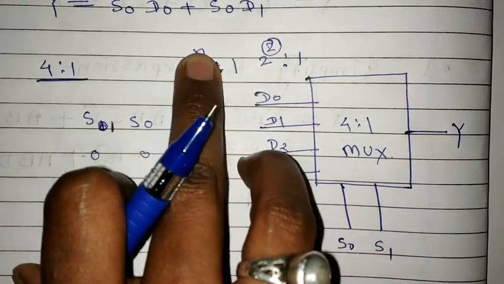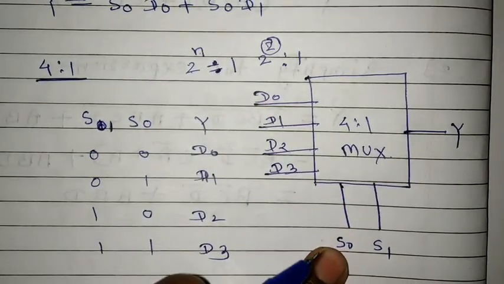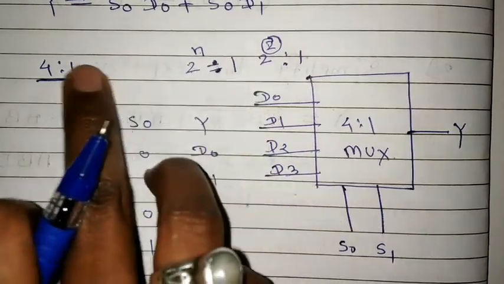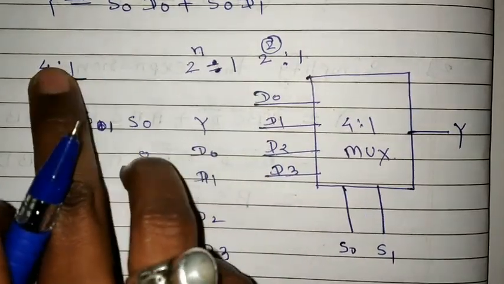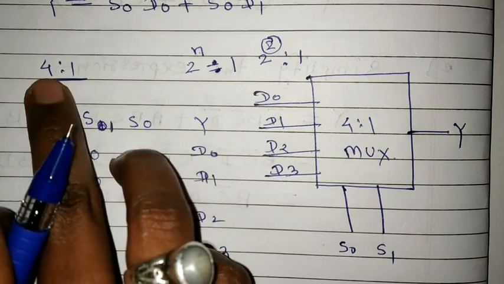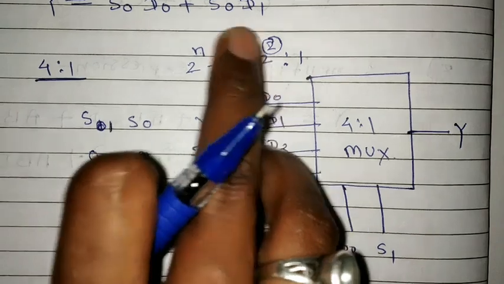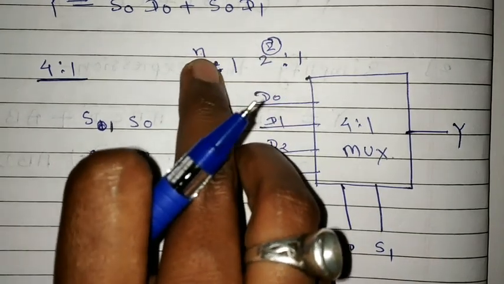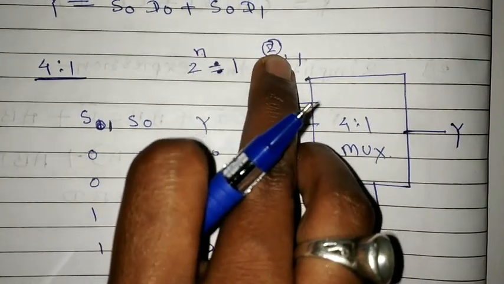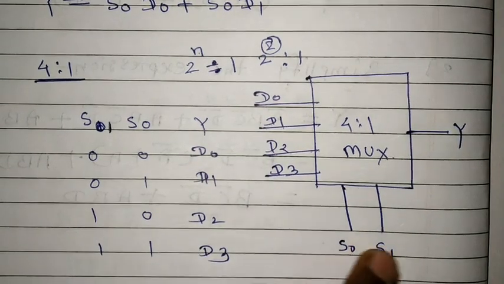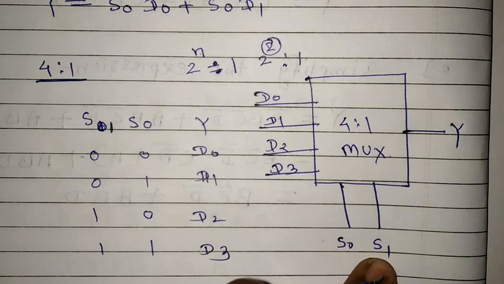This value is nothing but the number of select lines, S0, S1.